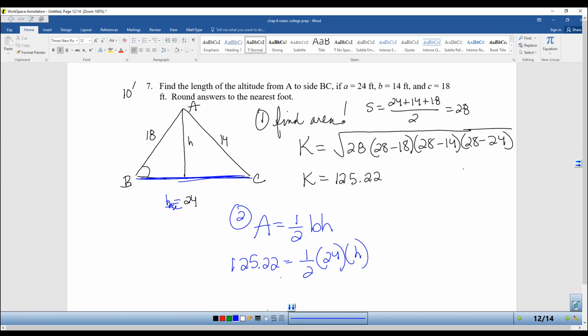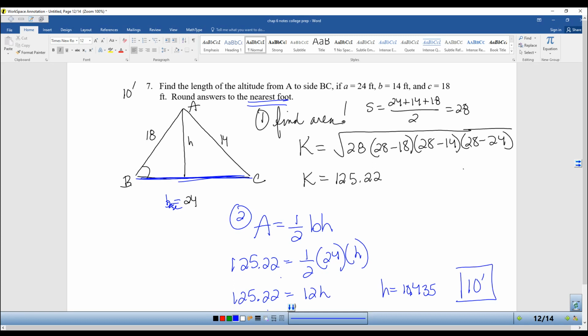So you can either multiply by 2 first, or you can simplify that to 12, might be a little safer way, and then divide by 12. And you get 10.435. But they did ask you to round to the nearest foot, and it just barely does not round to 11, so it is just 10 feet.